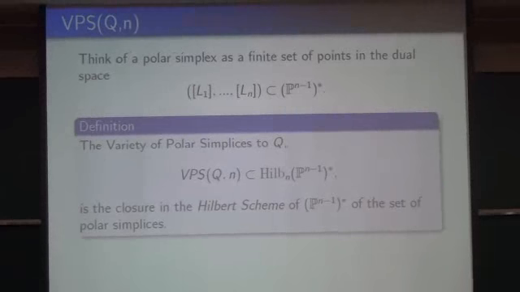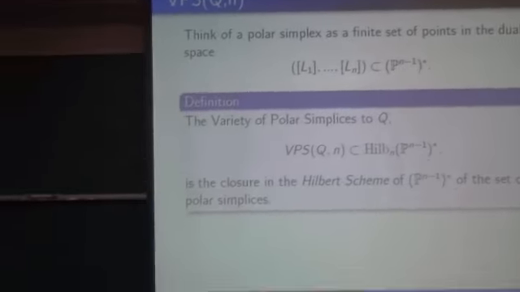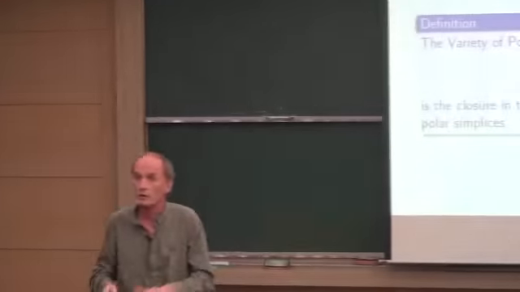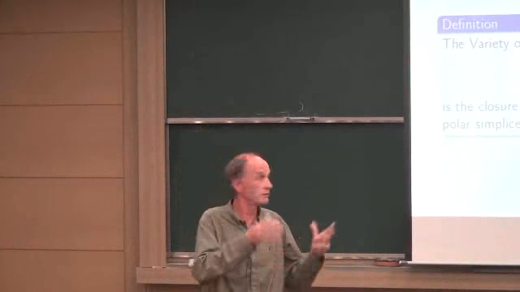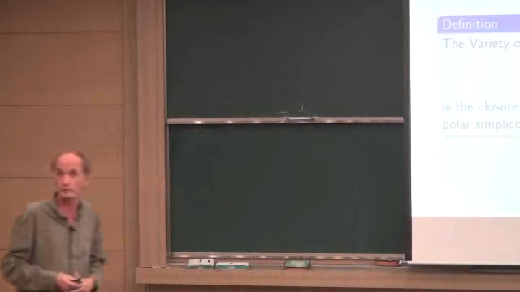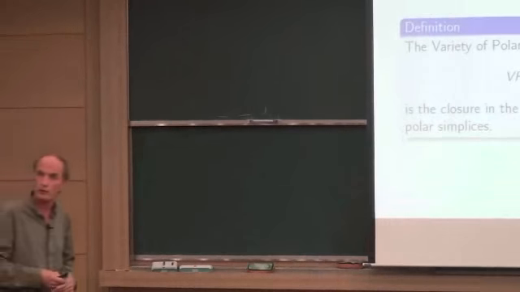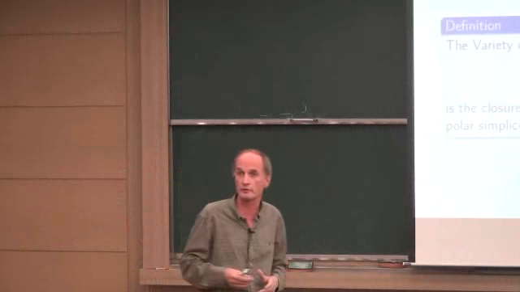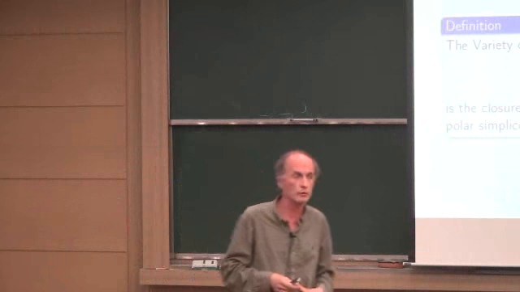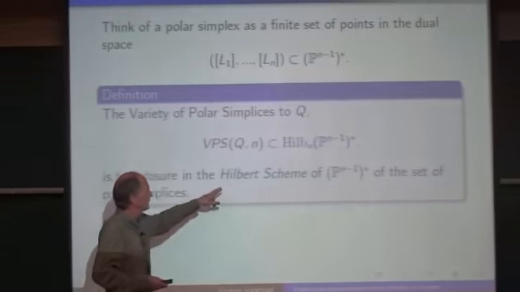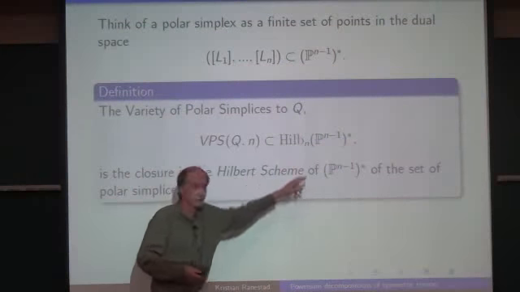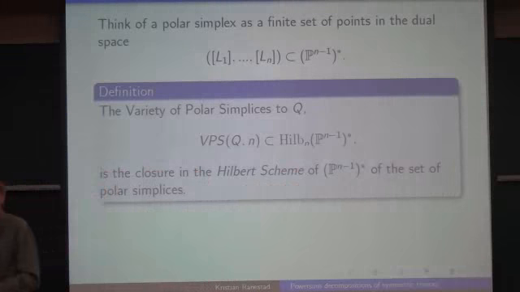Now I look at the set of all polar simplices, the corresponding set of points in the dual space, as a family of sets of points, and I try to find some compactification of this. The natural place to look for this is the so-called Hilbert scheme of that dual space. That's just a parameter space for finite subsets, in this case.